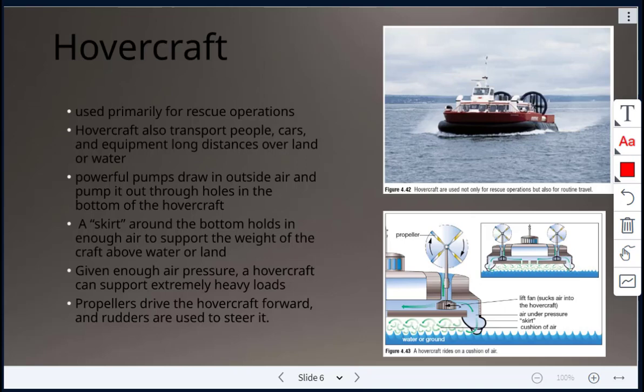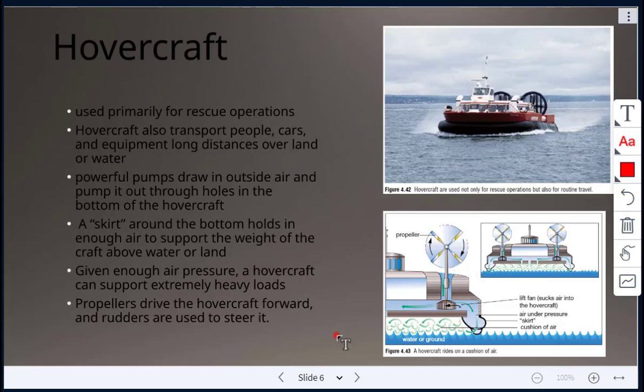Here's a hovercraft, also using pneumatics. It's used primarily for rescue operations. Hovercraft can transport people and cars and equipment long distances over land or water. Powerful pumps draw outside air and pump it through holes in the bottom of the hovercraft.